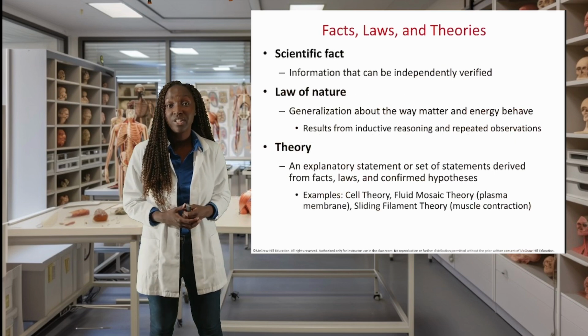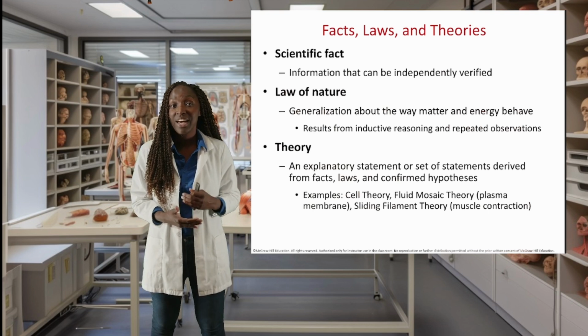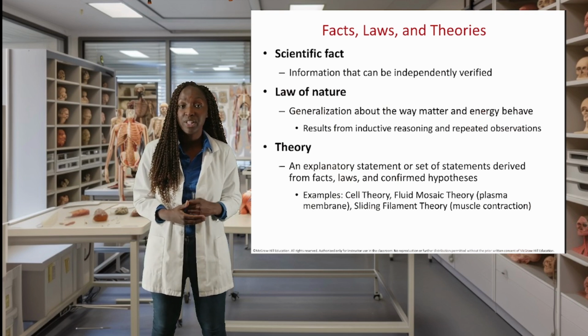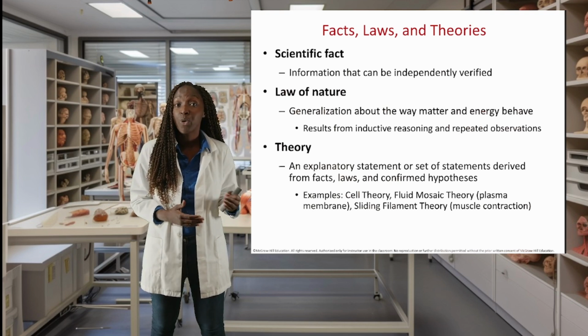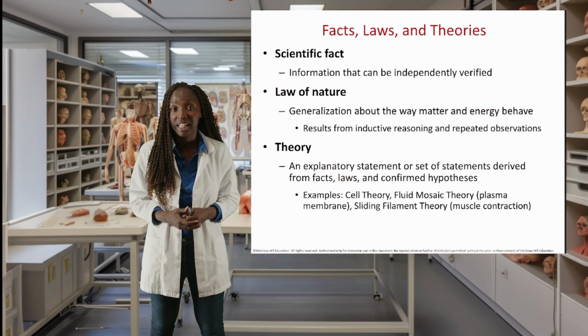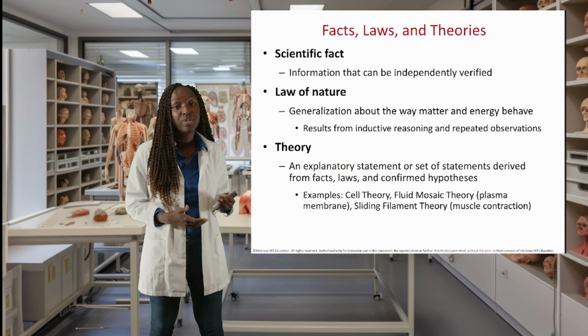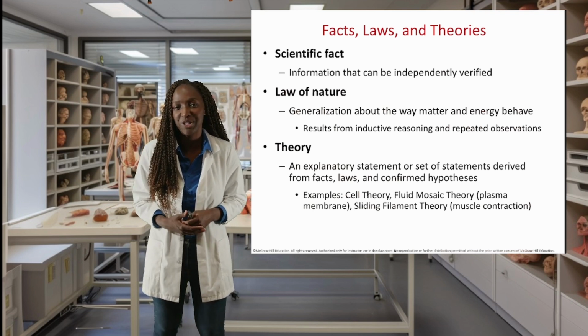Some terminology that we need to know. If we call something scientific fact, that information can be independently verified. That means if I run the experiment here in Chattanooga, Tennessee, someone else in Washington or Russia or London or Brazil can do the same study and come up with the same results. If we call something a law of nature, that is a generalization about the way matter and energy behave.